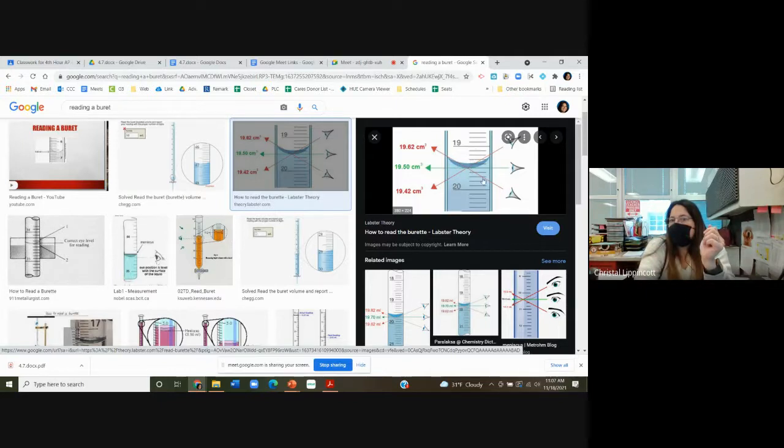You read it at the bottom of the meniscus, where you are eye level with the bottom of the meniscus. That's where it's read. So you've got some practice leading up into this for those things.